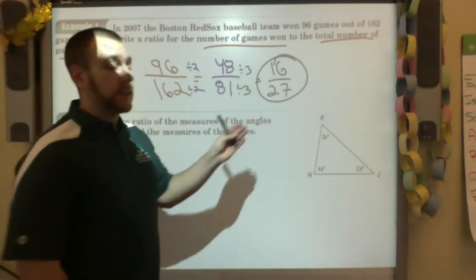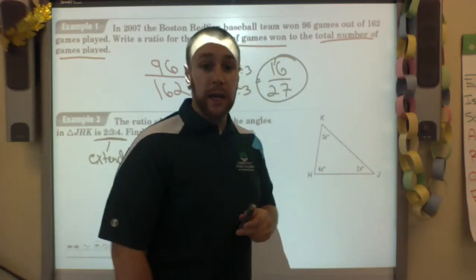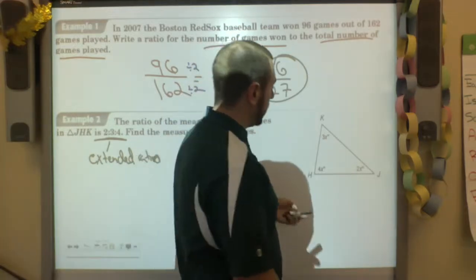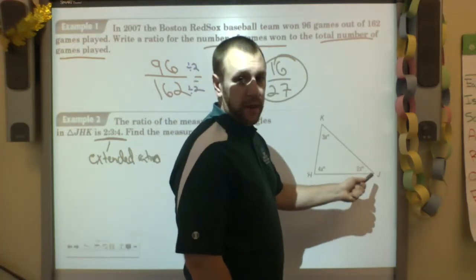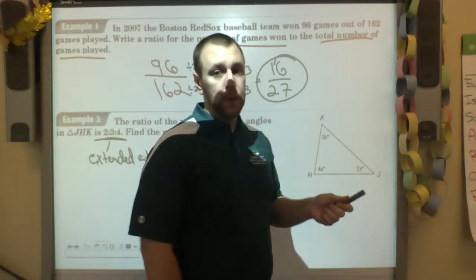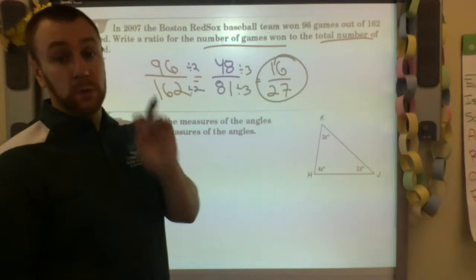So that translates to the picture of the three angles. I know that there's some value that I can find where this is 2 times the value, this is 3 times the value, and this is 4 times the value, in that exact ratio.